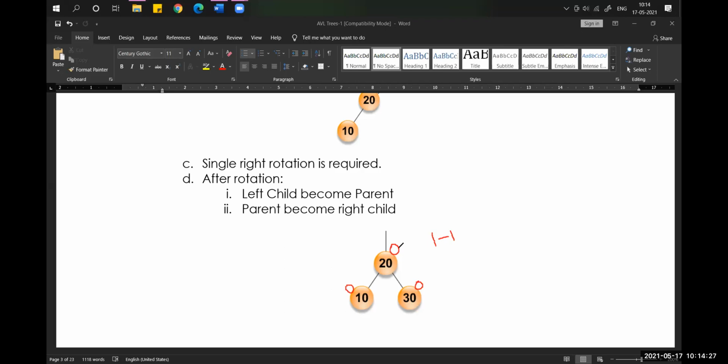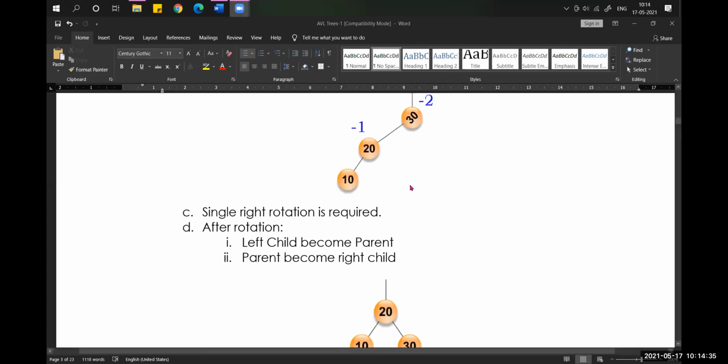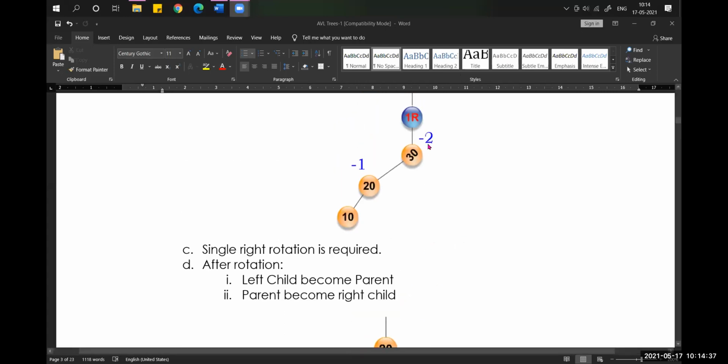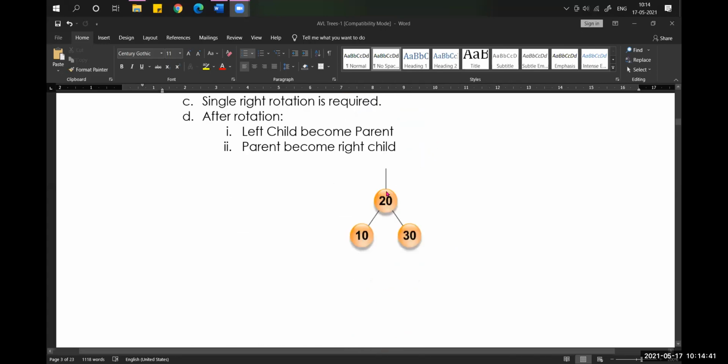So now we can say that the resultant tree is a balanced tree. In the previous tree, what was the balance factor? We got -2. Now what is the factor? We got 0. So we can say that the resultant tree is a balanced one.